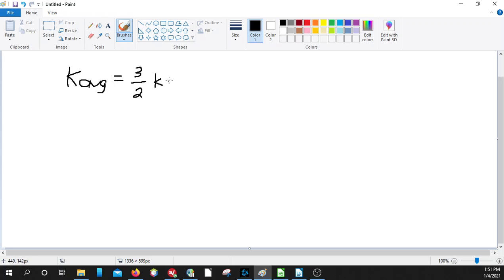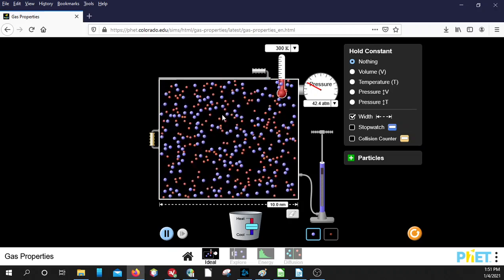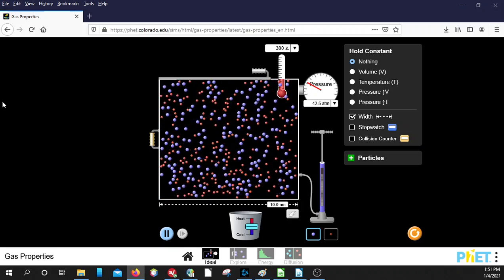So it's the average for a molecule in a gas, and it only depends on the temperature. It does not depend on what type of molecule it is. And so the smaller molecules have the same energy that the bigger ones do, so they have to be moving faster. Now, we're just going to deal with one type.